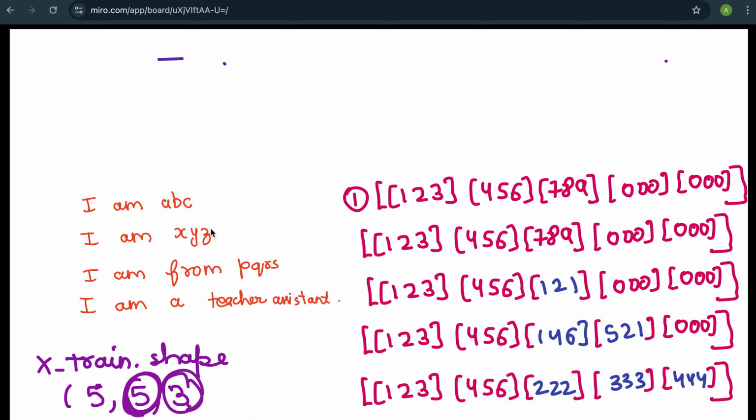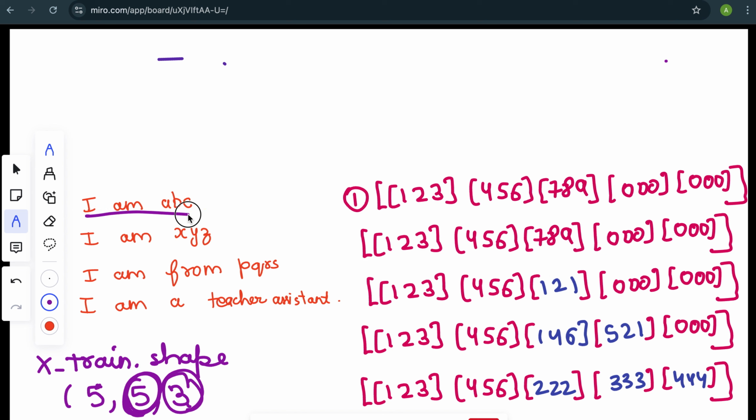For example, these are 5 sentences, and I want to feed them into an LSTM or GRU. So I need to do the text processing, or word embedding. I'm trying to represent this, I am ABC, like this.